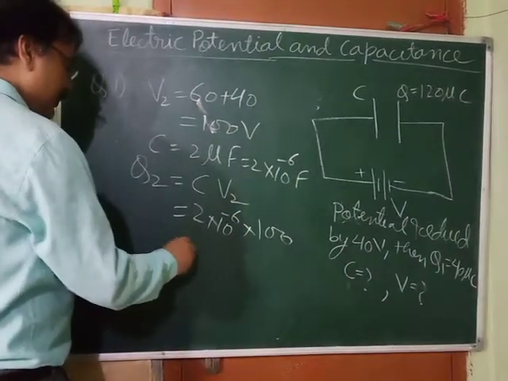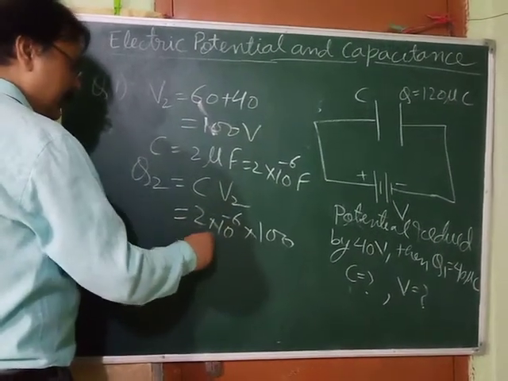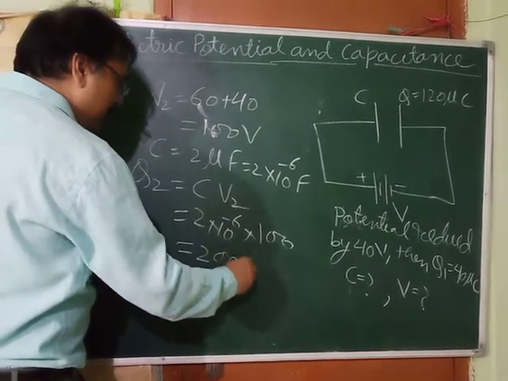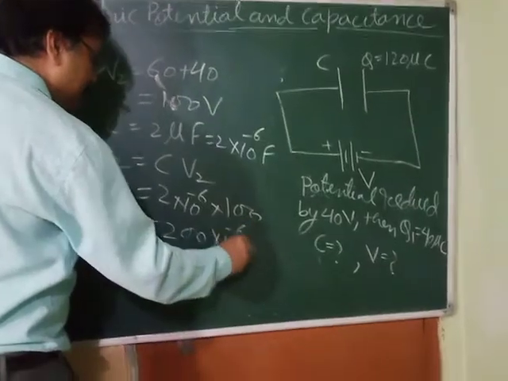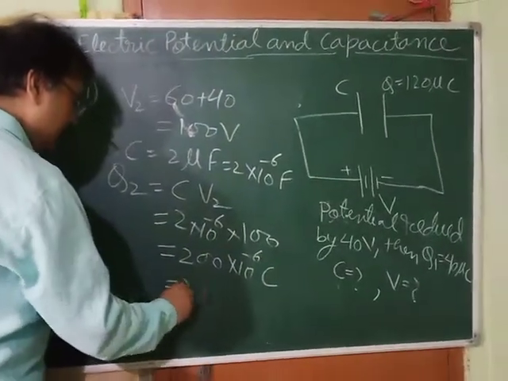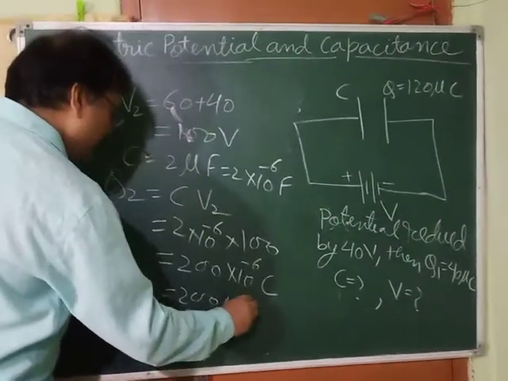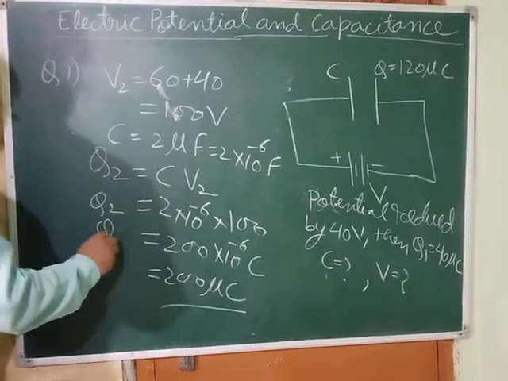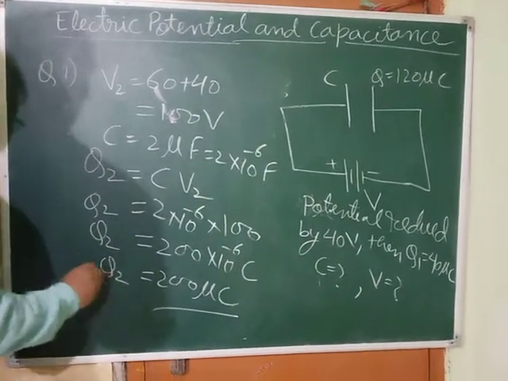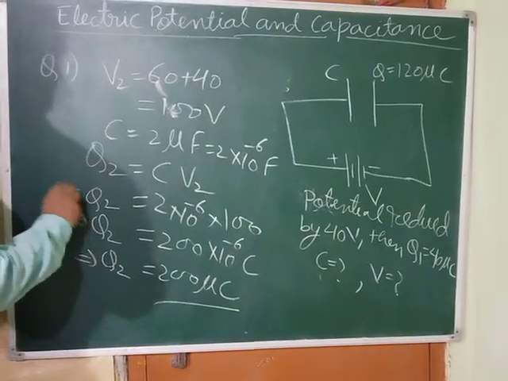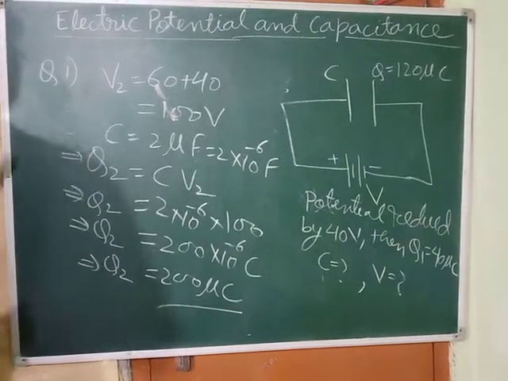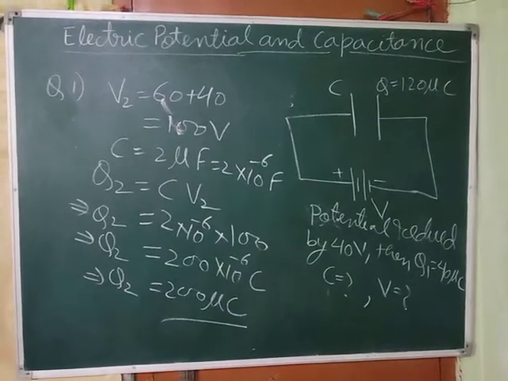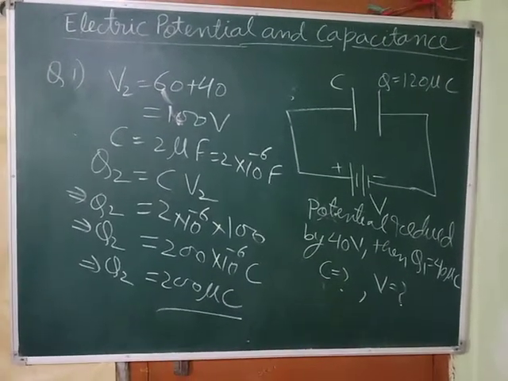So we will get 200 into 10 to the power minus 6 coulomb, that you can write as 200 microcoulomb. That is the new charge when the potential is increased by 40 volt. This was asked in the CBSE board examination of 2017. Just note it down.